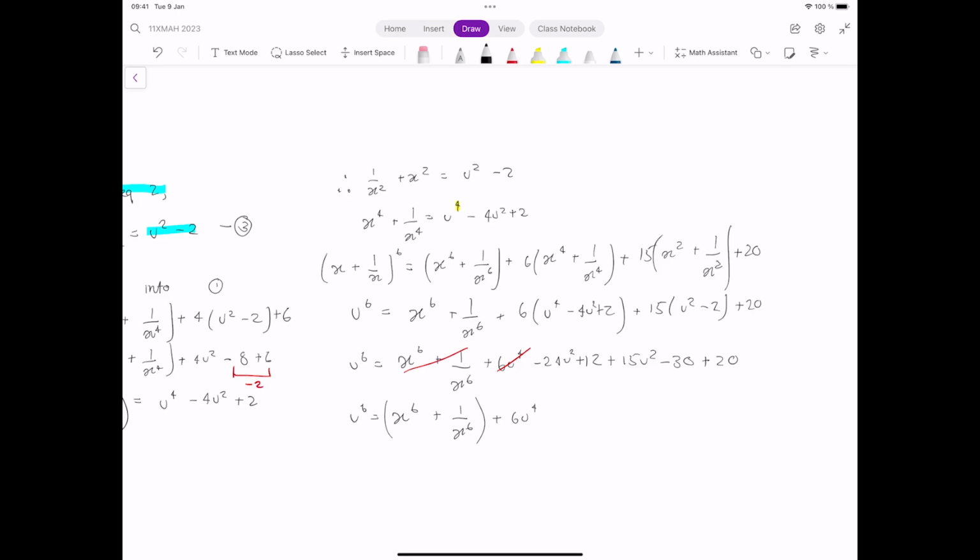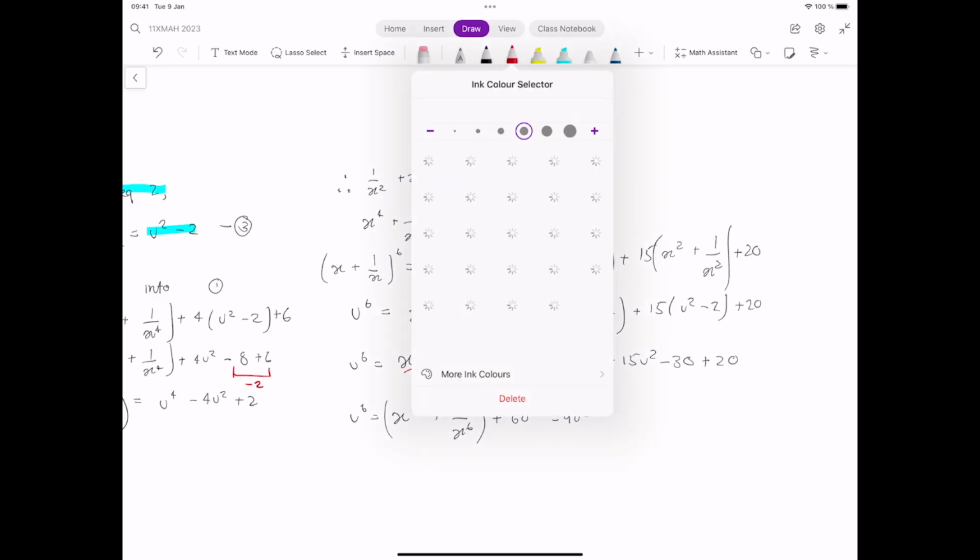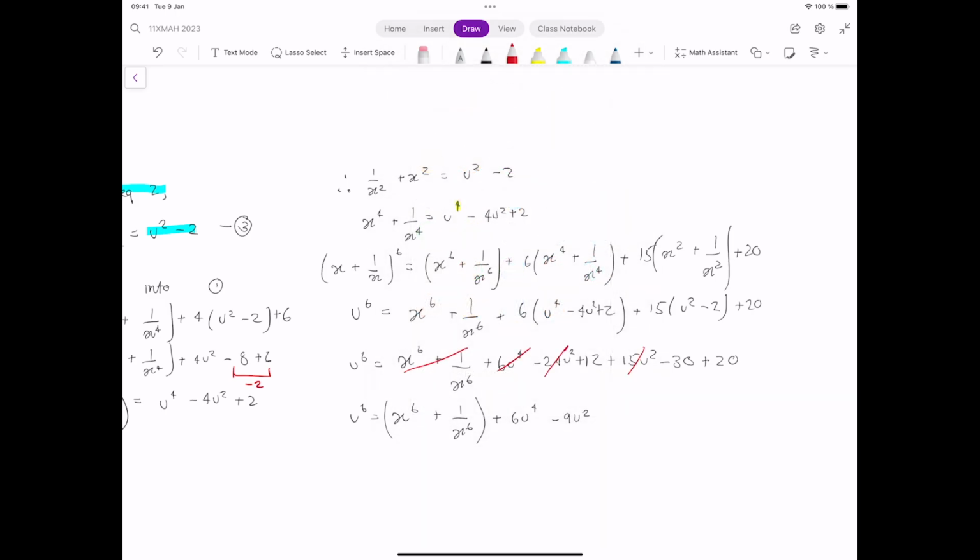Minus 24 plus 15 is minus 9u squared. And then I've got 12 minus 30 plus 20 is 2. So, therefore, x to the power of 6 plus 1 on x to the power of 6 is equal to, subtracting all of this to the other side, u to the power of 6 minus 6u to the power of 4 plus 9u squared plus 2.